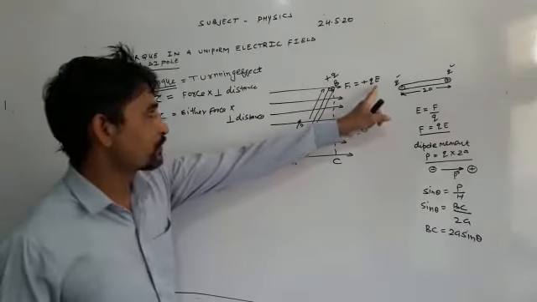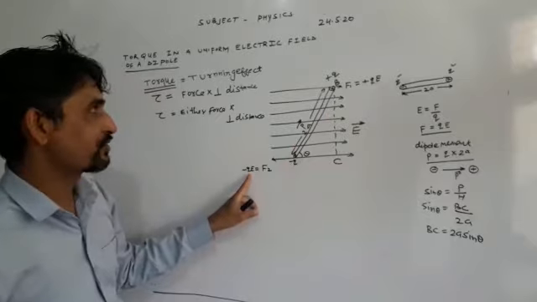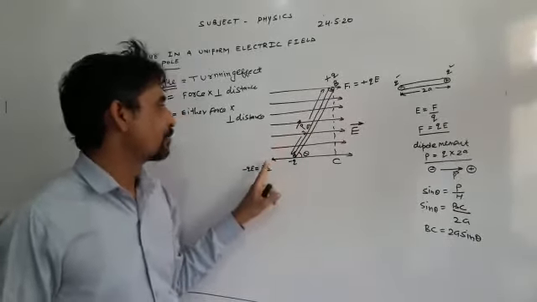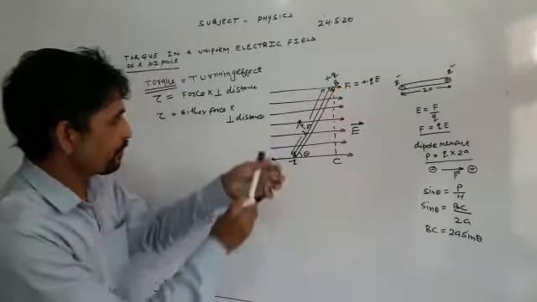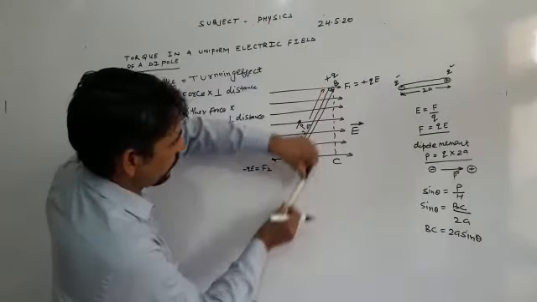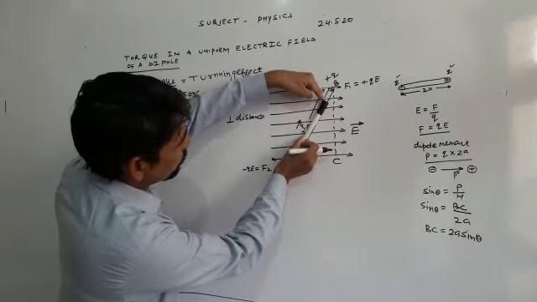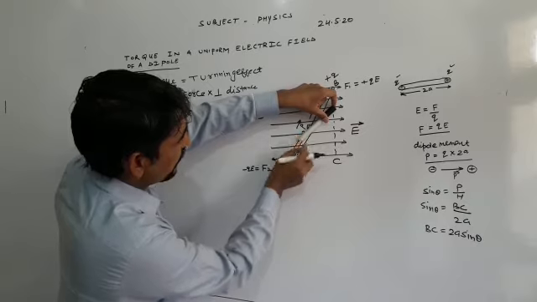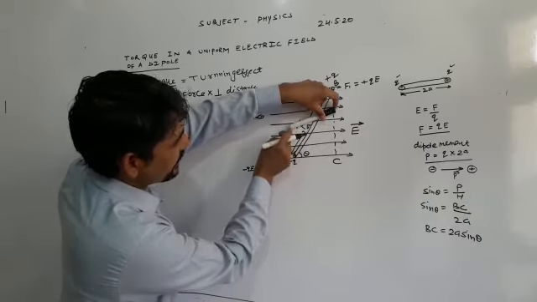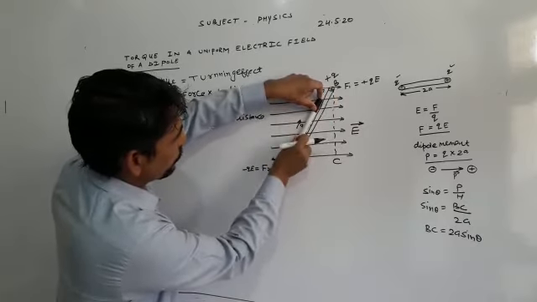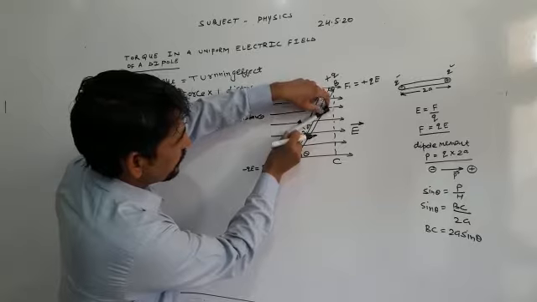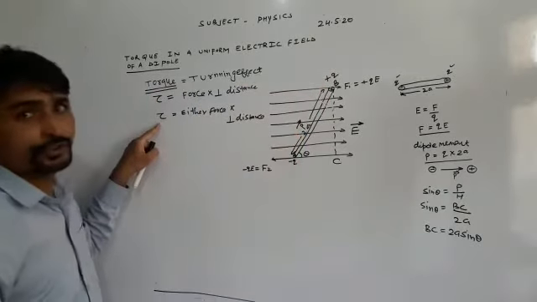What is either force? Plus QE or minus QE. Magnitude are same but direction is opposite. Basically this one is dipole. One force acts in this direction and one force acts in this direction. So the dipole is free to rotate, and we find out the formula of torque.